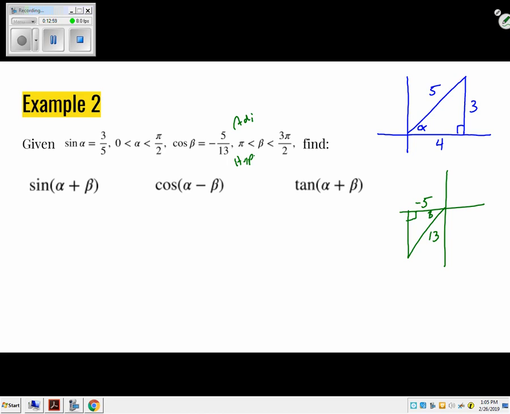Does anybody have the right answer? 12, right? 5, 12, 13. I disagree. I think it's close. -12. Why is it negative, Madeline? It went down.